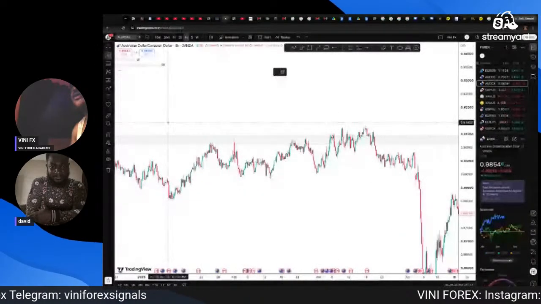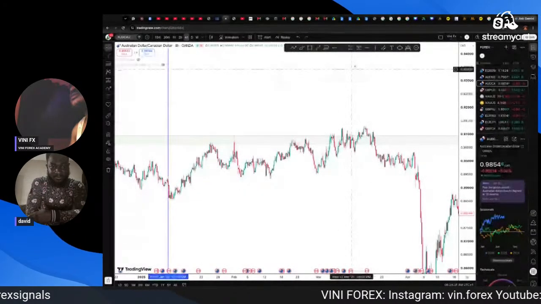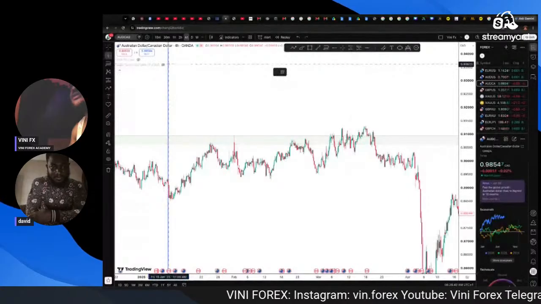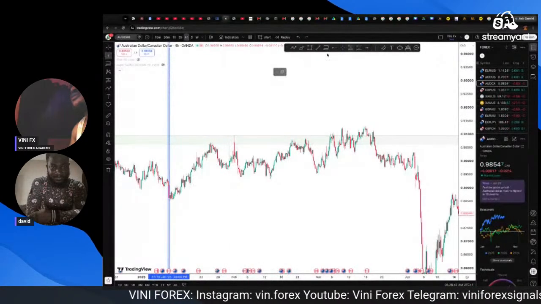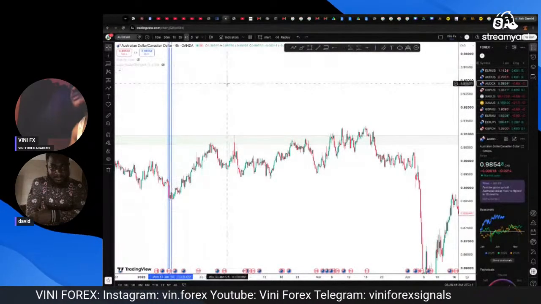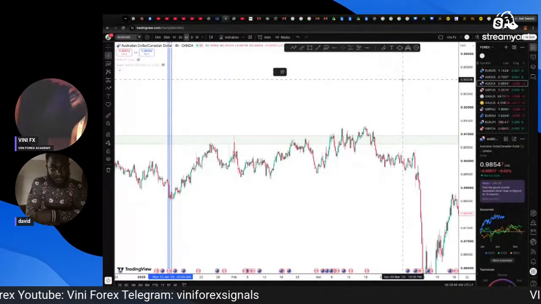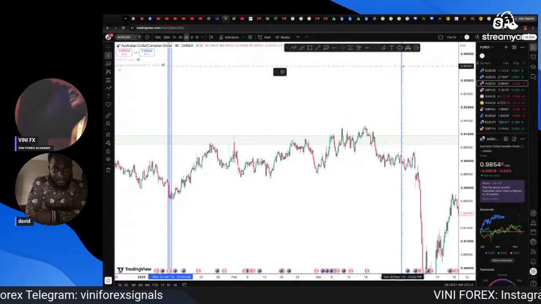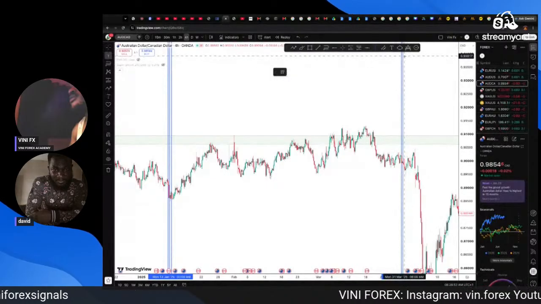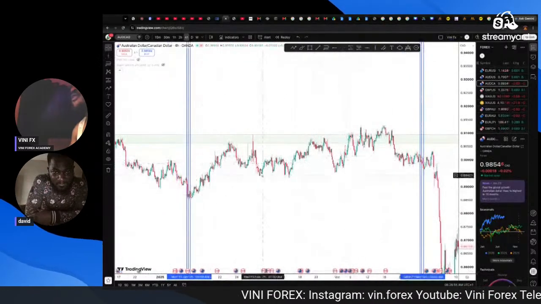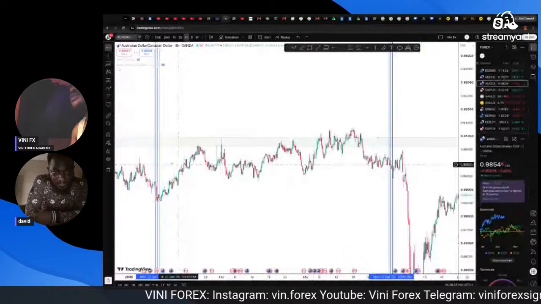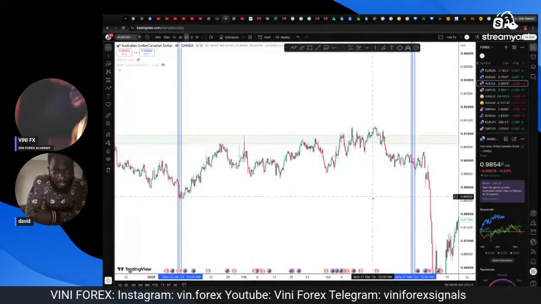See a simple example here. Hold on, please. A question for you now. From this point up to this point, between these two blue lines, is it a downtrend or an uptrend, please?